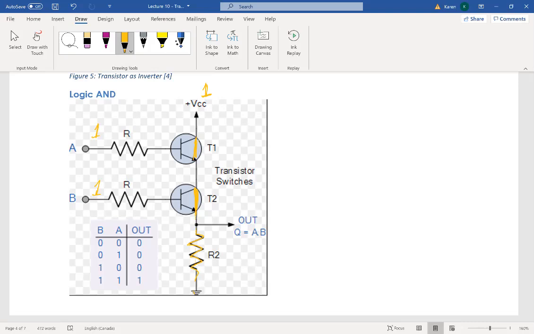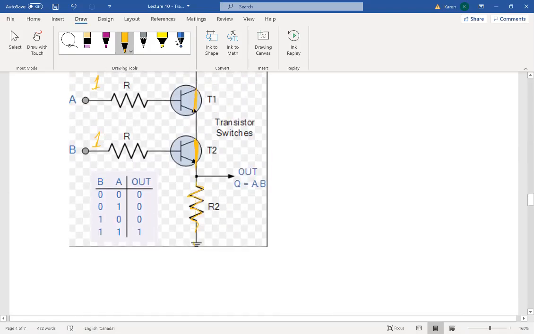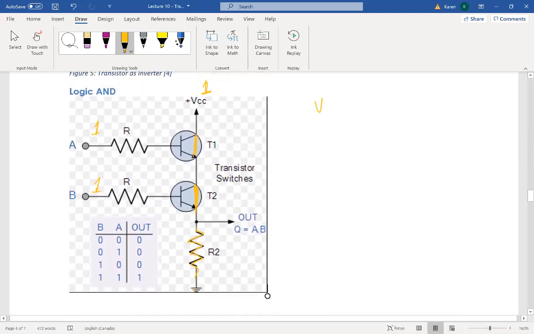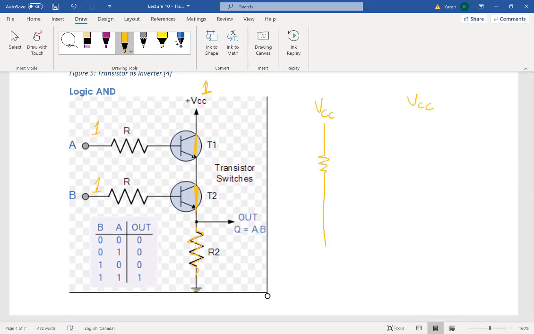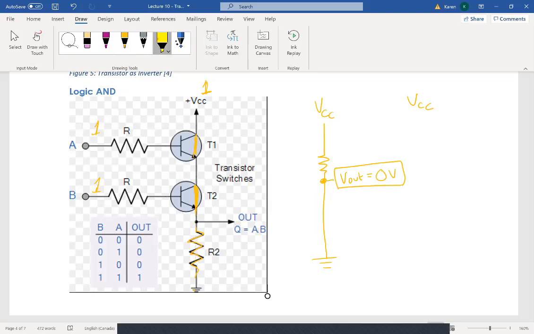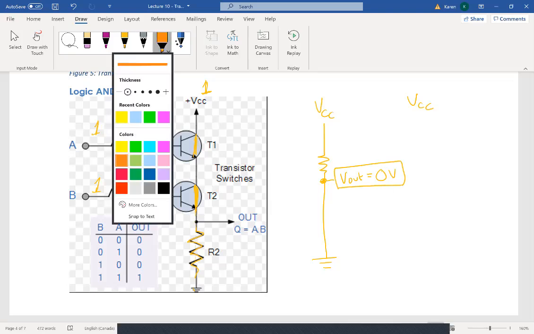So before, at the beginning of this video, I showed it like this, a resistor, and then I measured V out, and then there was ground. And this, of course, would be 0 volts because it's directly connected to ground.